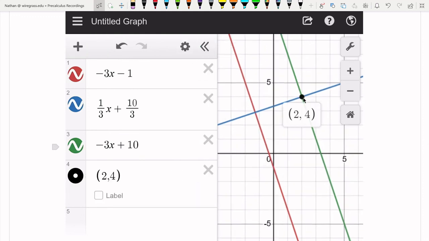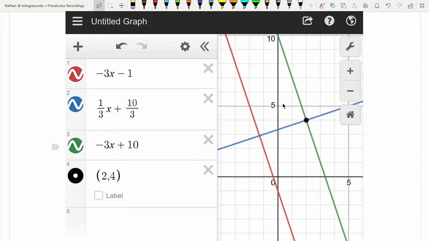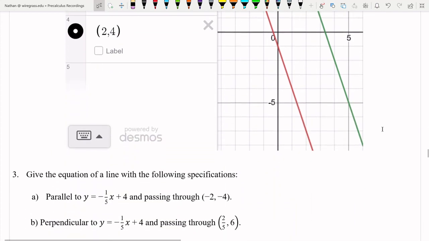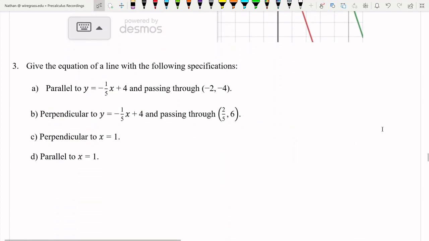That is the point (2, 4). And both the blue line, which is perpendicular, and the green line, which is parallel, pass through (2, 4). So that shows that they are, in fact, true. Okay, give it a try in number 3.